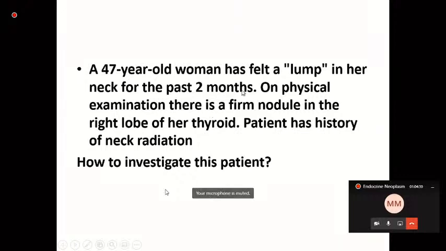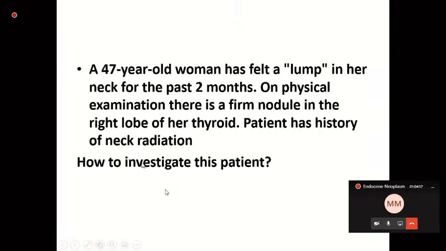Other case, the second case is a 47-year-old woman who has felt a lump in her neck for the past 2 months. On physical examination, there is a firm nodule in the right lobe of the thyroid. The patient has a history of neck radiation. Underline neck radiation. What does it indicate? If the patient has a history of neck radiation, what did you expect?